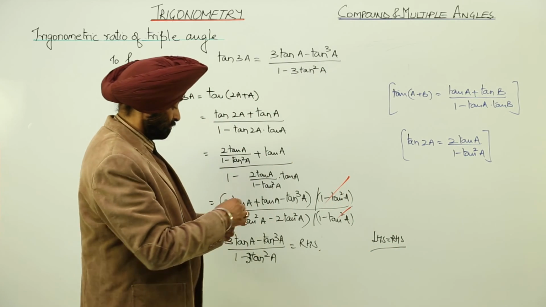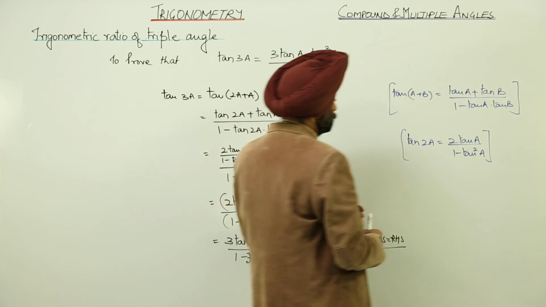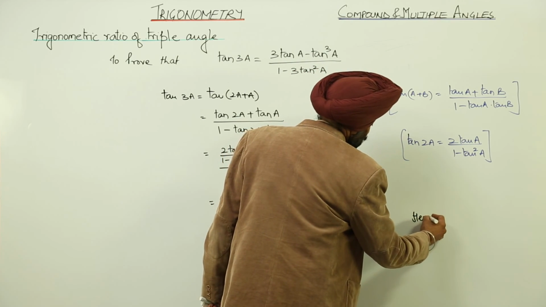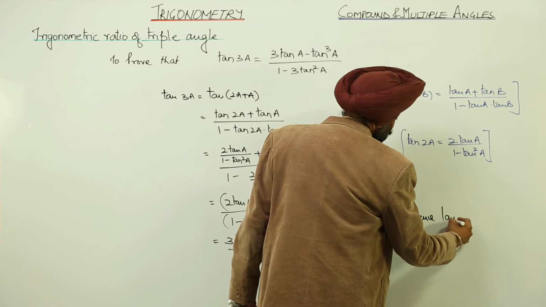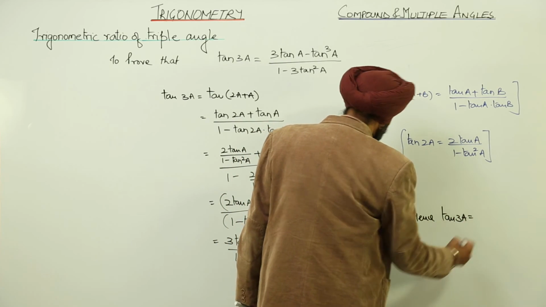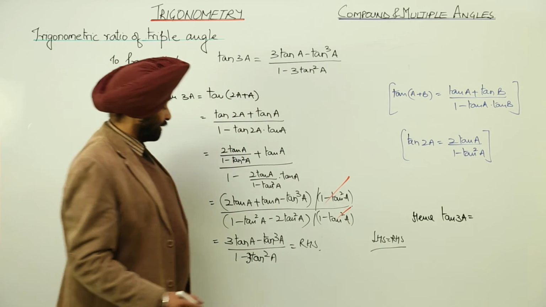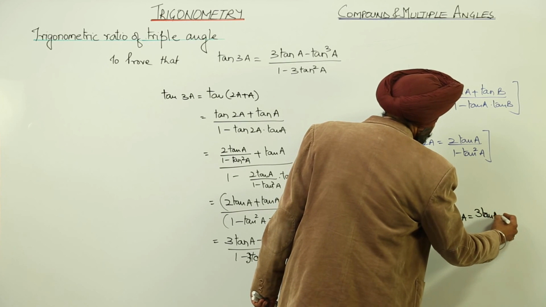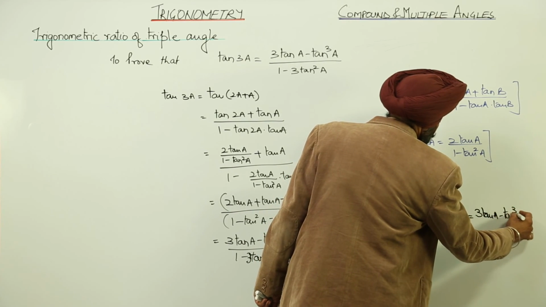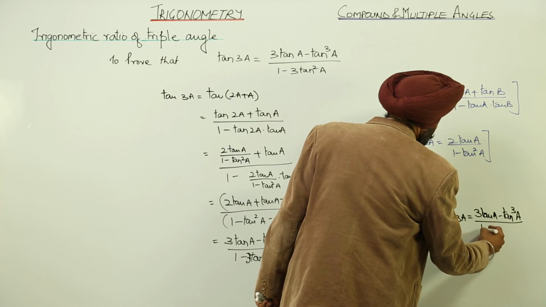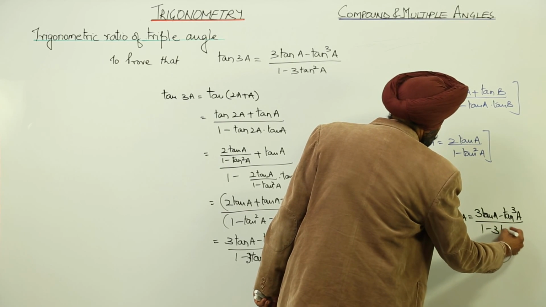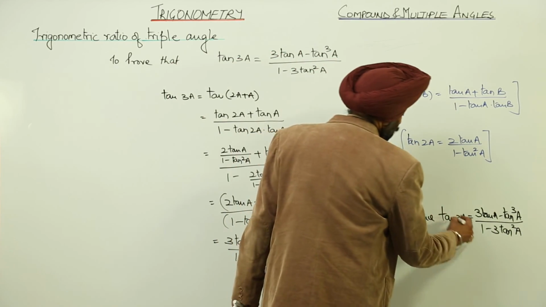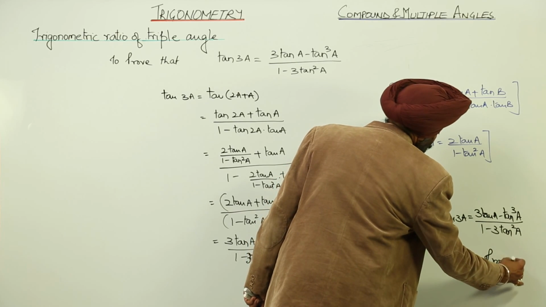Hence, tan 3A is equal to, what we have proved, (3 tan A minus tan cube A) upon (1 minus 3 tan square A). Okay. Proved.